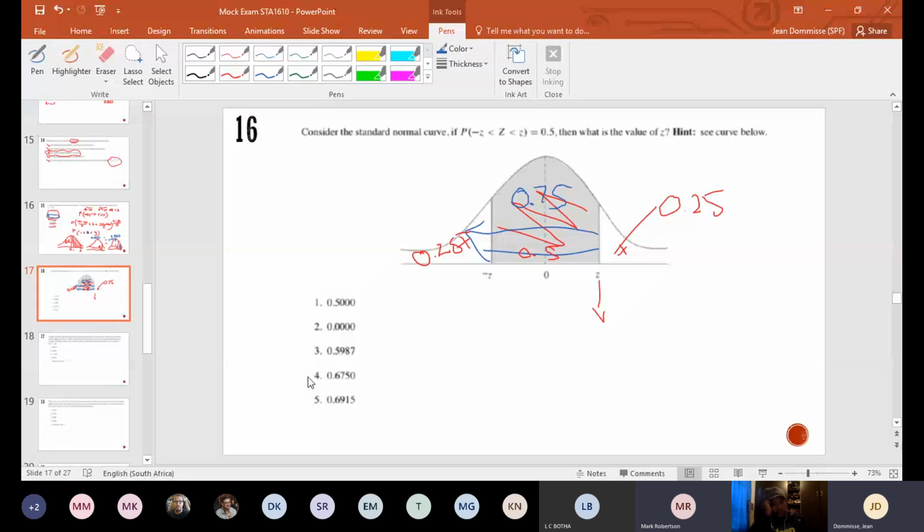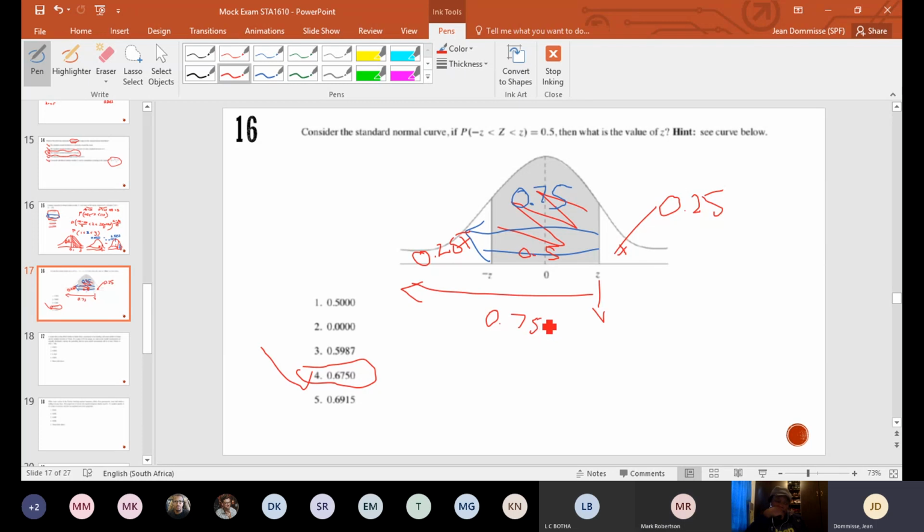Okay, and voila, there is our 0.675. So that is my correct answer. By looking at my table, I firstly needed to work out that this is 0.25, so that I know that area then is 0.75.